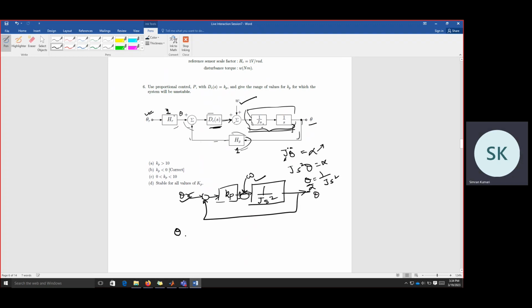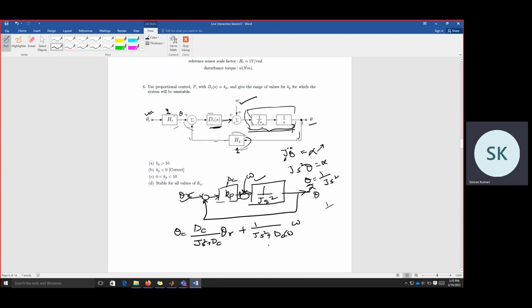The output, if we find it in the Laplace domain, will be theta is equal to this Dc s by Js square plus Dc into theta r, plus for this one, again this will be 1 by Js square plus Dc s.